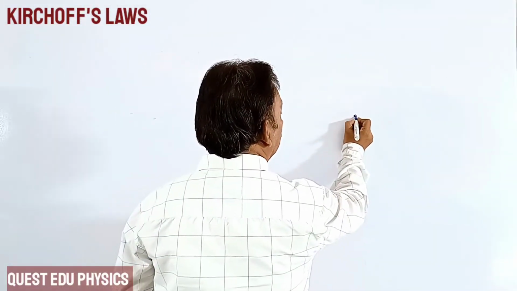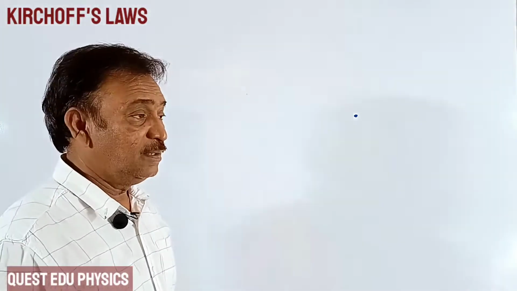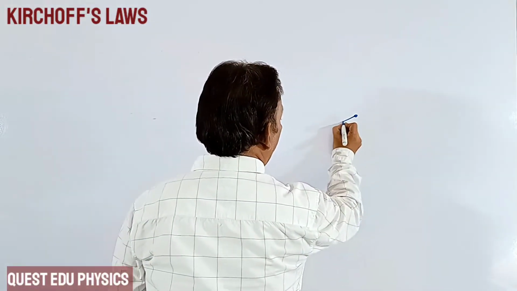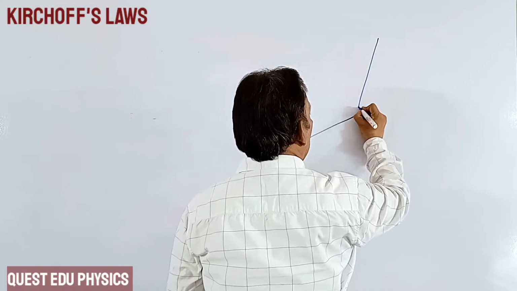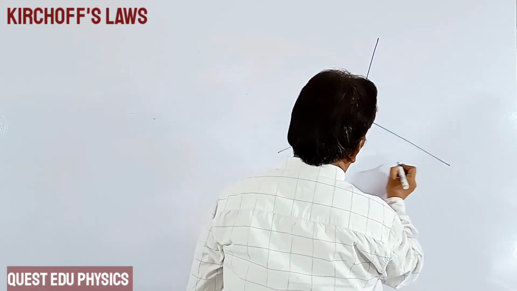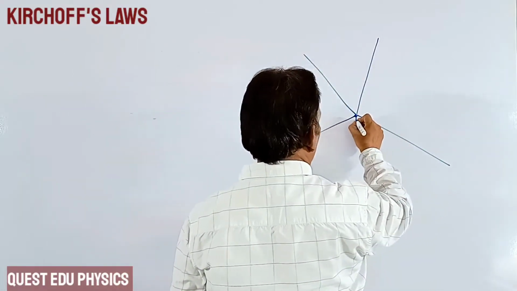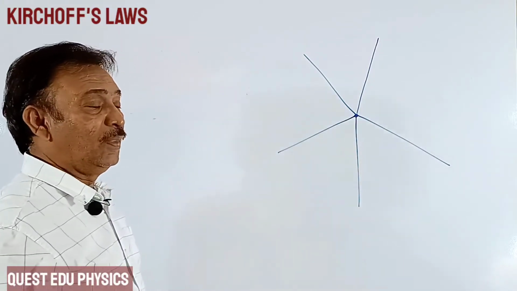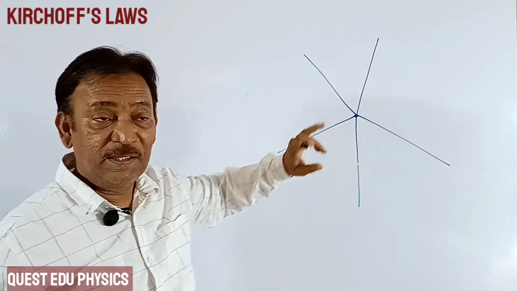Let's say this is the junction, a meeting point where so many wires are meeting. Here we have four wires meeting at this point. That's the junction.